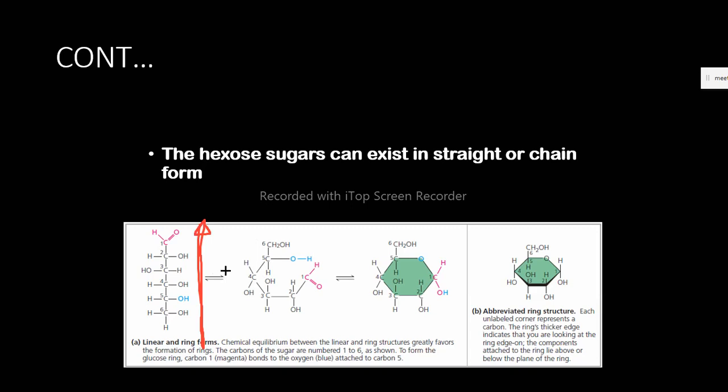Okay? Because this carbon is the one with a functional group. Which functional group? This CHO. This is an aldehyde. In organic chemistry, this is a functional group, and it is preferred to the OH group.